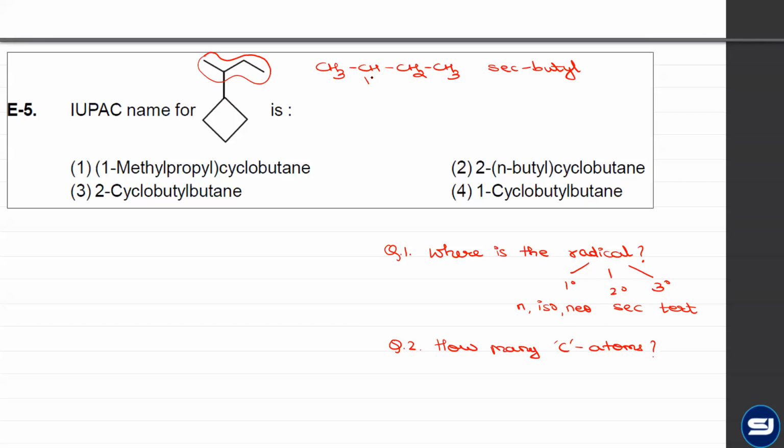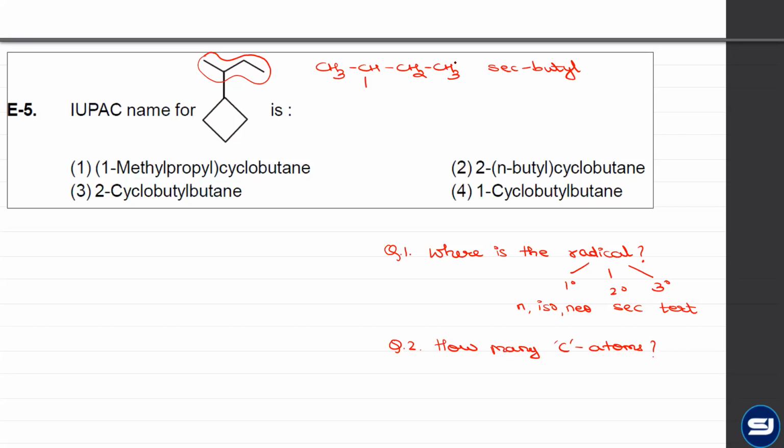So where is the radical? Secondary, so you get sec. How many carbons? 4. This is how you have to ask. So it is sec butyl.